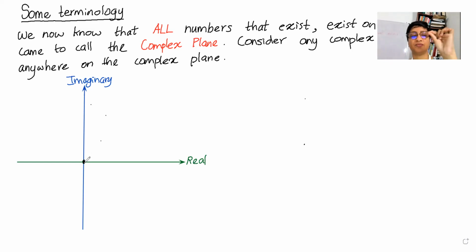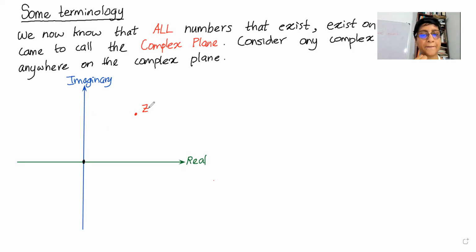This is your 0. The number 0 is there. Now you can take a complex number anywhere you want. I'm just going to pick one in the first quadrant, somewhere here. This is my Z.